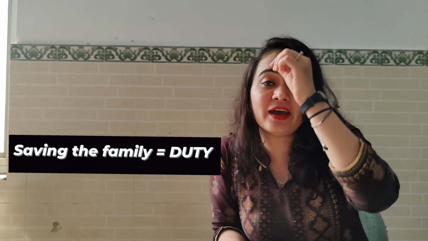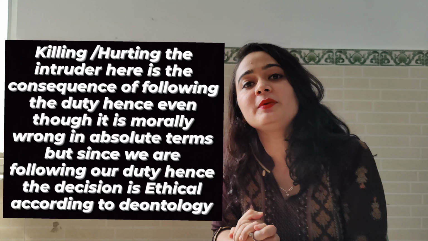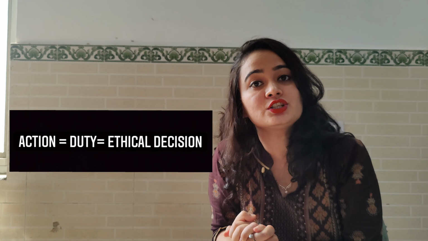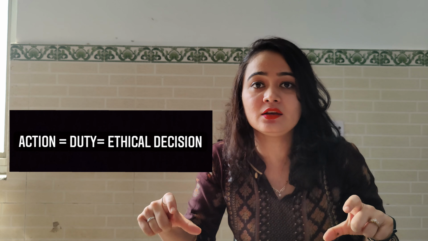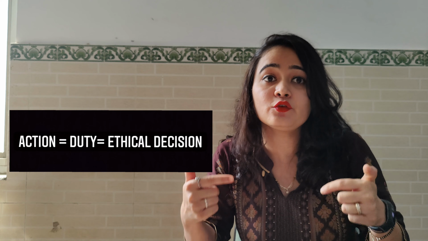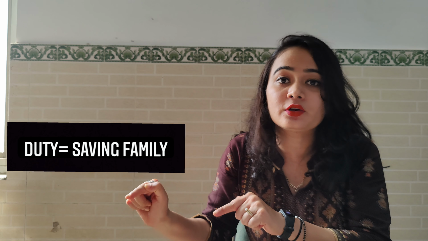So when you kill or hurt the intruder, it will not be considered an unethical action or decision, because your action involved saving your family, which was your duty. It was your duty to save your family, and that's why you killed or hurt the intruder, right?